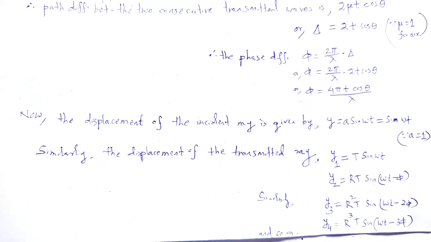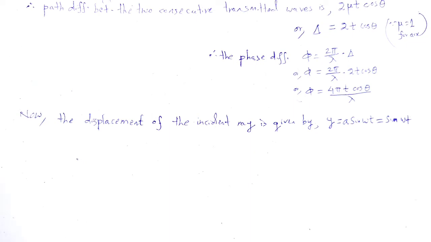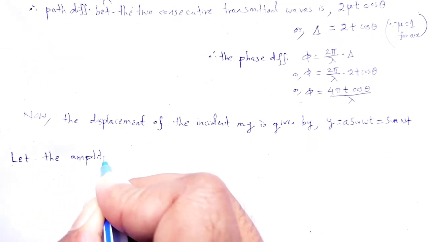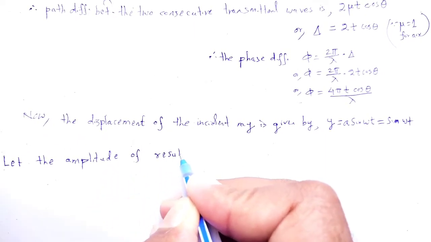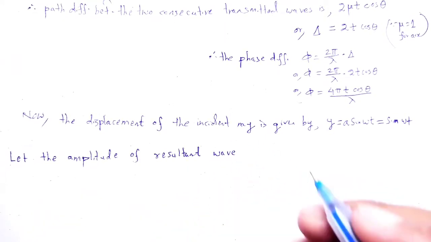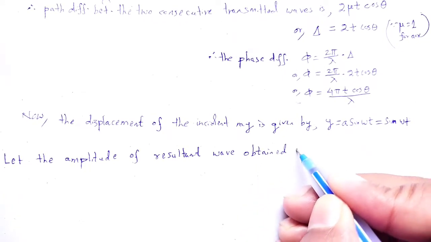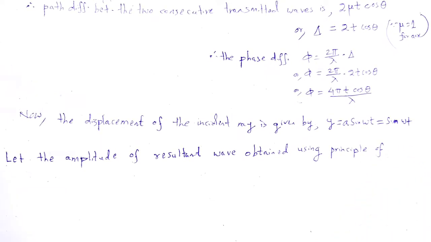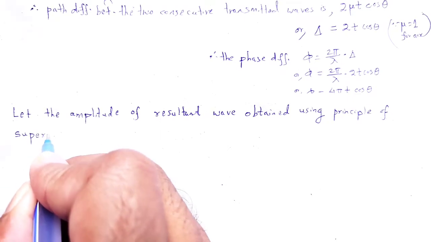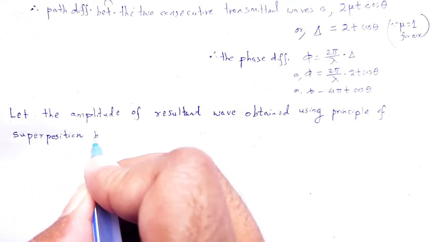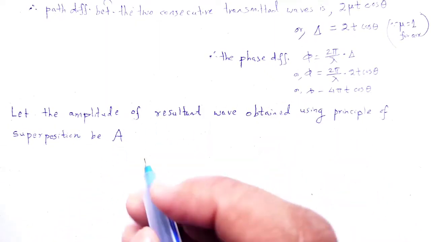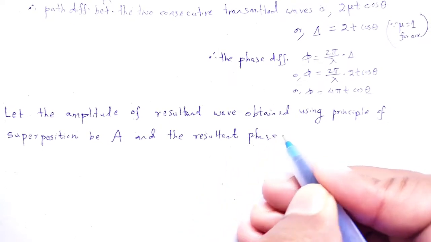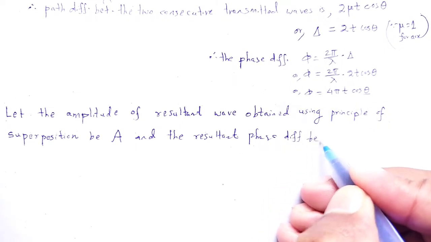Let the amplitude of the resultant wave obtained using the principle of superposition be A, and the resultant phase difference be delta.